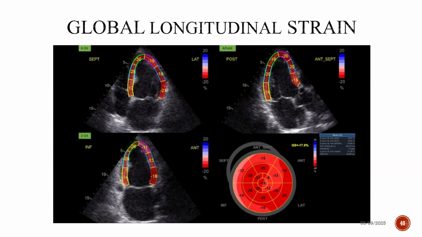So when we do the global longitudinal strain, it will usually assign figures to each of the segments. And the normal GLS is usually between -18 to -22. And what the GLS does is mainly to track each of the myocyte fibers and assess how it shortens during systole.